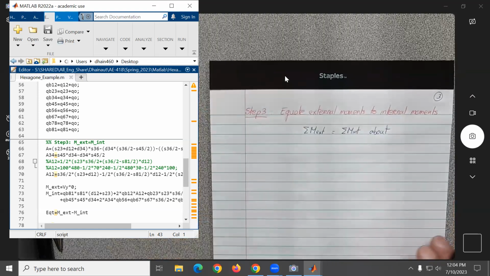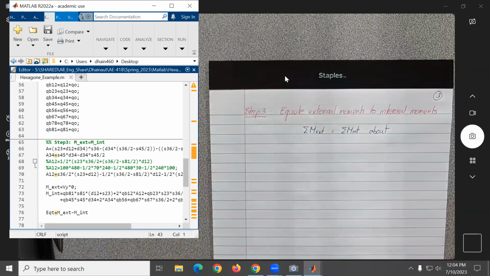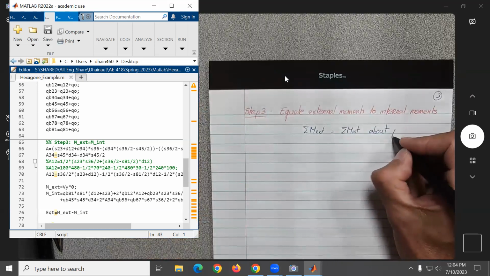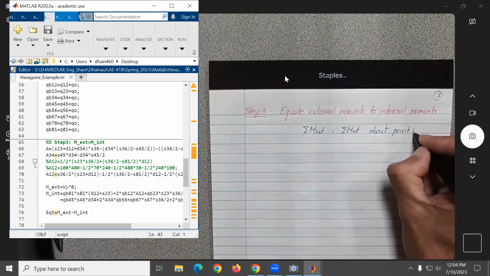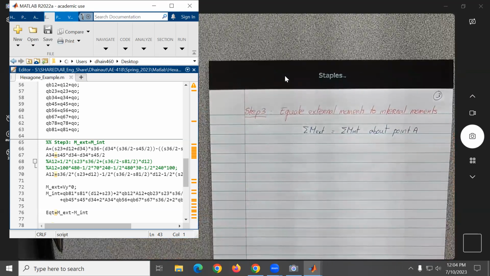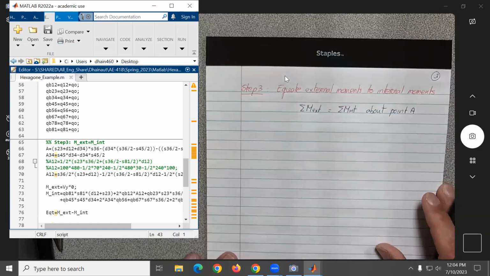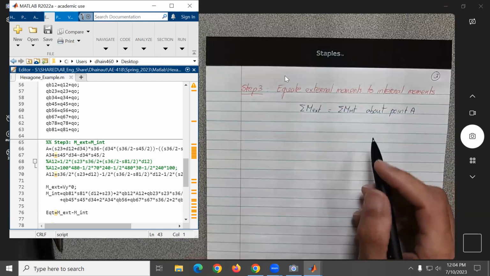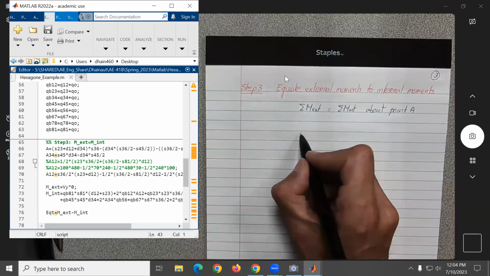Let's see which one I did here. It looks like I did it about point A, and let me do a figure now. Again, we need a figure, but I'm following what I've done over there. Let's do a nice figure now.